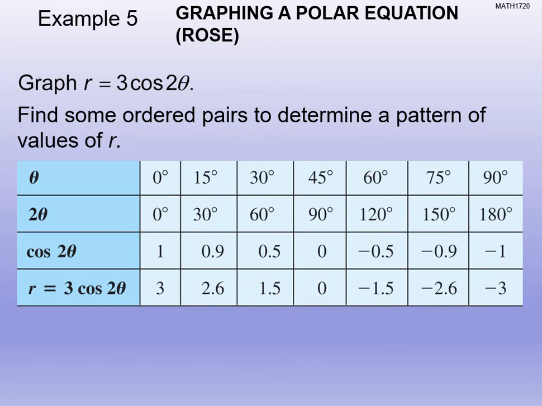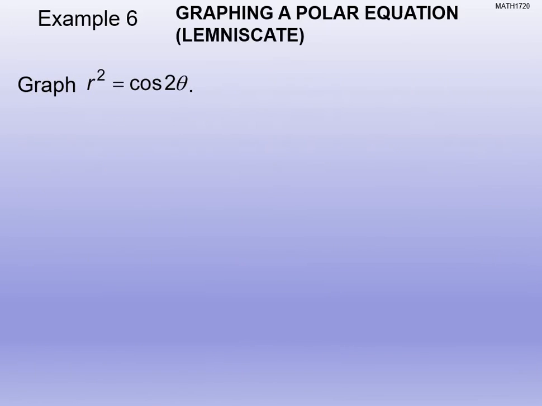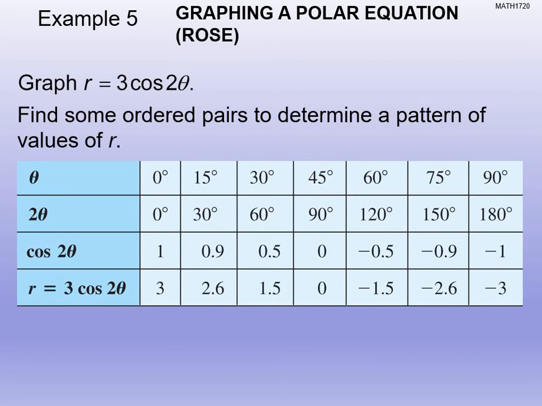Once again, you can create a bunch of test points, or just go into your calculator and graph it. These are kind of cool. I would do these as you go through the lecture and make sure that you get them. This is how you graph roses on your calculator. Why don't you play with some of the values and see what happens. See how this is r equals 3 cosine of 2 theta?